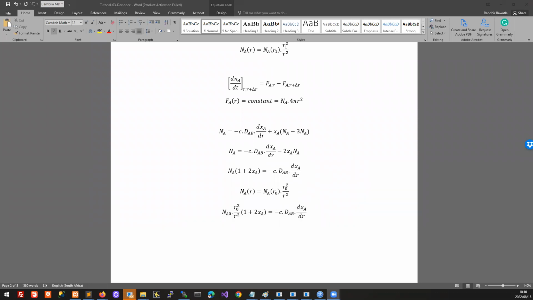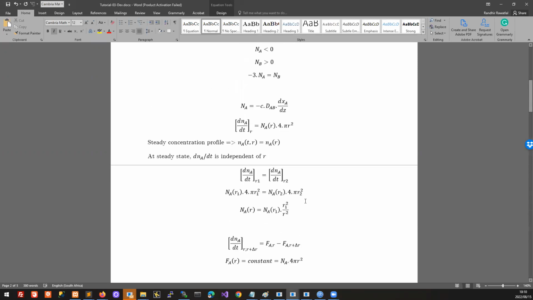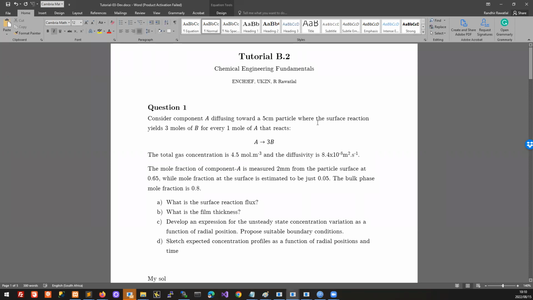Yes, sir. In terms of R naught squared and R squared, I just wanted to know what those values are. So for R naught squared, would it be 2 millimeters or would it be that 5 centimeters? So we've said that this is the 5 centimeter diameter particle. So your surface radial position is 2.5 centimeters.